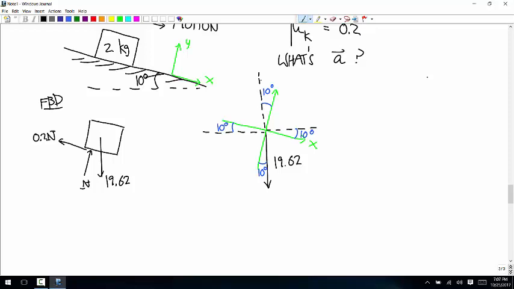So it has to match the incline. In this original picture, the y-axis has to point directly out of the incline. And so to do that, we had to start with it in the black position and then rotate it 10 degrees. So now this green one matches this green one. Think of the dotted line as where the green one started before we tilted it.